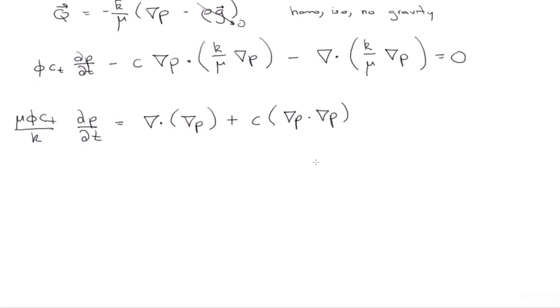Because in general, the compressibility is a weak function of the pressure. If we assume small and constant compressibility, then you have something that's small and constant multiplying a nonlinear term in pressure, and so therefore we can ignore that guy.